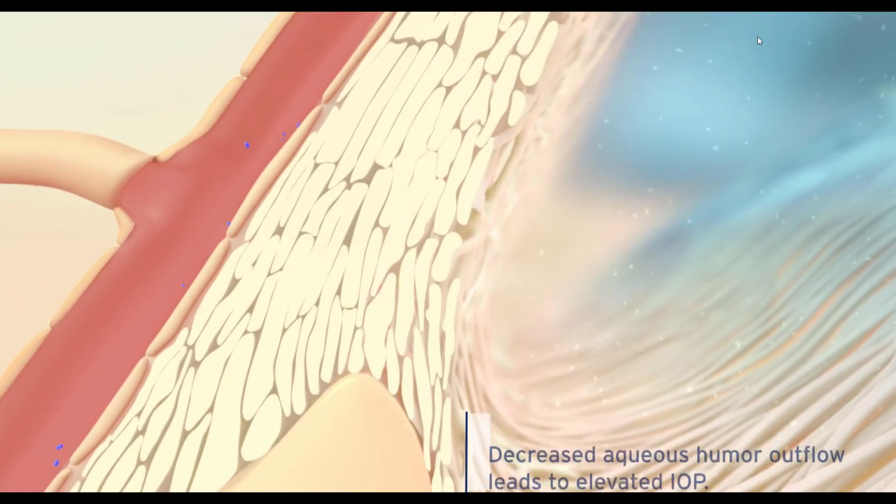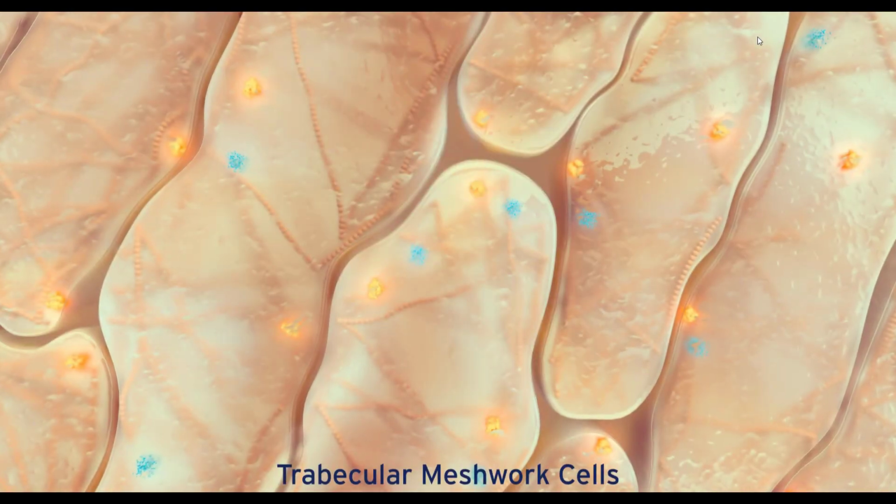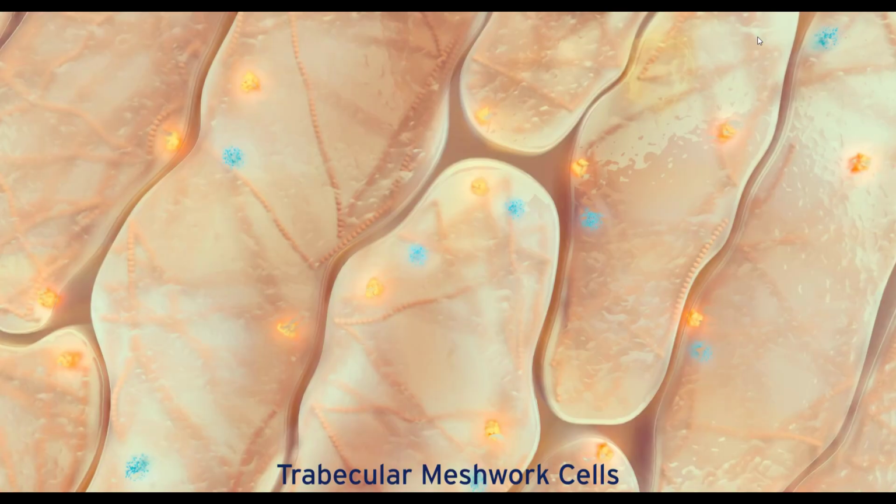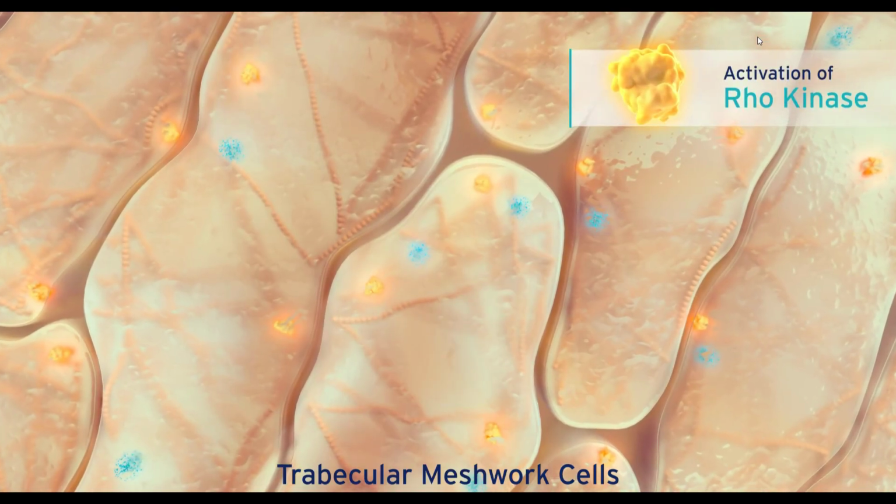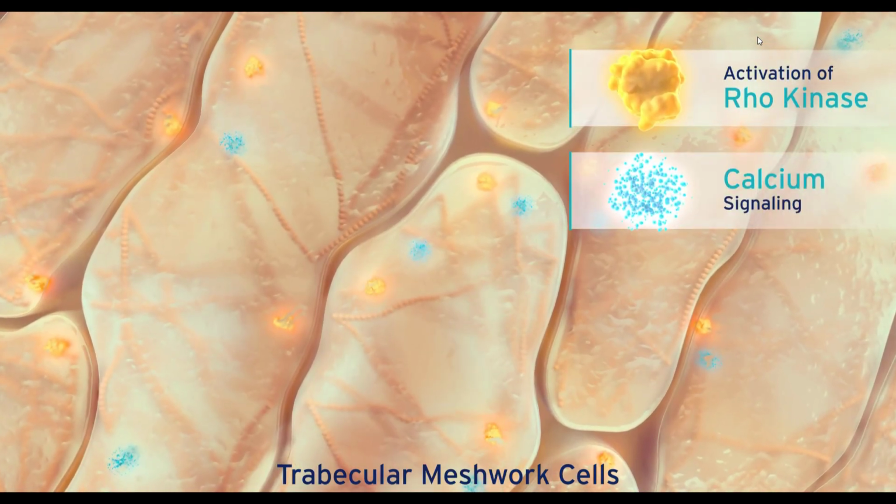There are two key causes of chronic contraction in the trabecular meshwork. The first cause is activation of Rho kinase, and the second is activation of calcium signaling.